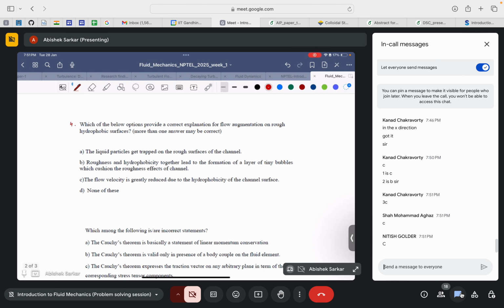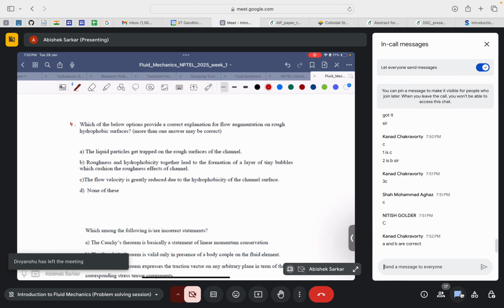The options are: liquid particles get trapped on rough surfaces of the channel; the roughness and hydrophobicity together lead to the formation of a layer of tiny bubbles which cushion the roughness of the channel; the flow velocity is generally greatly reduced due to the hydrophobicity of the channel surface; or none of these; or A and B are correct. Let me look into others.